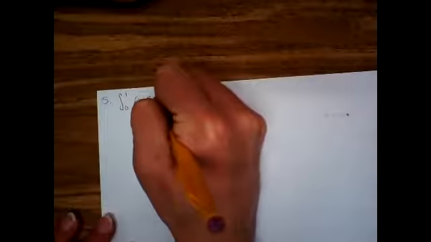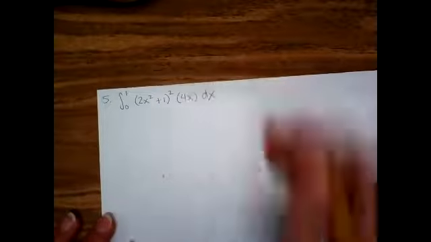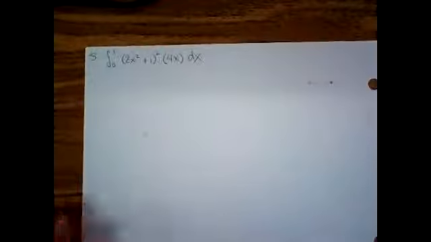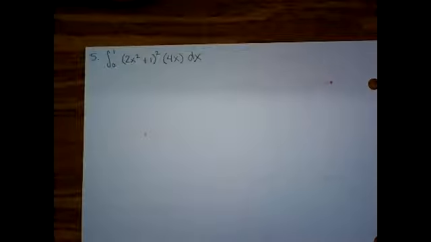All right, I'm going to change it up on us just a little bit. What did I make different about that one? It's a definite integral, so you have boundaries. So we will not put a plus c.